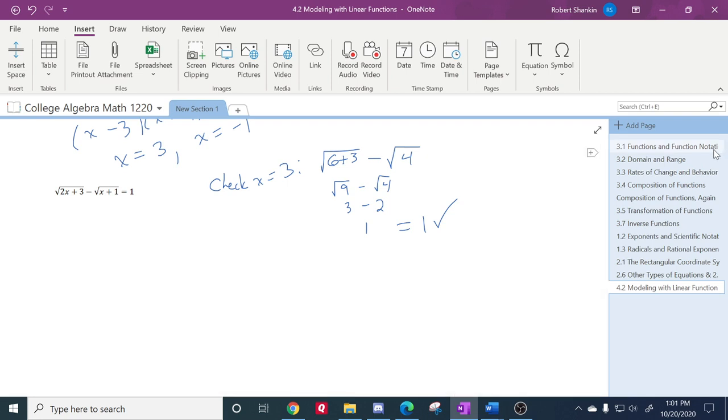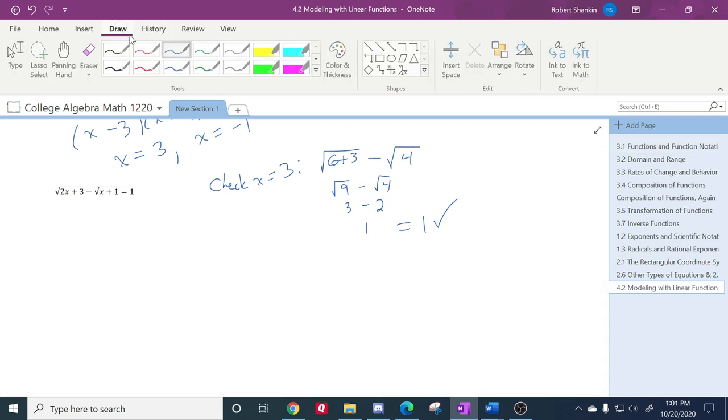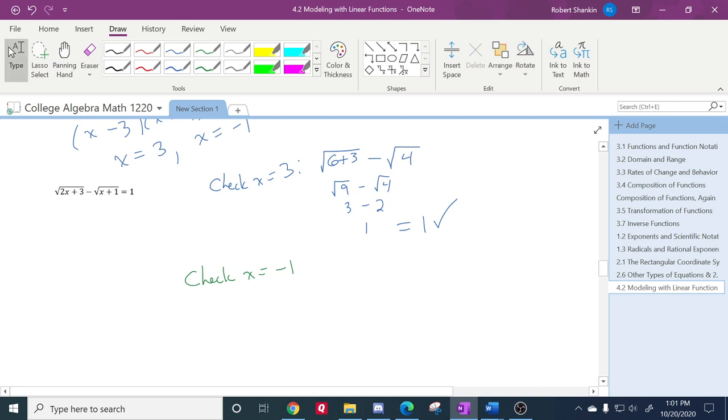We're going to check X equals -1, the other proposed solution here. And if I do that, I'm going to plug it in here, I'm going to get -2 plus 3, square root -2 plus 3, minus square root of -1 plus 1.